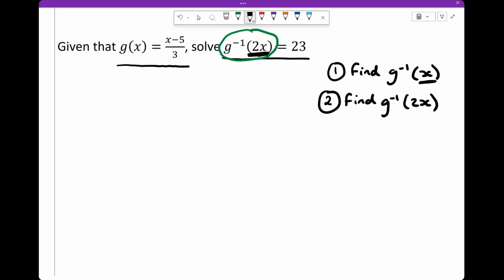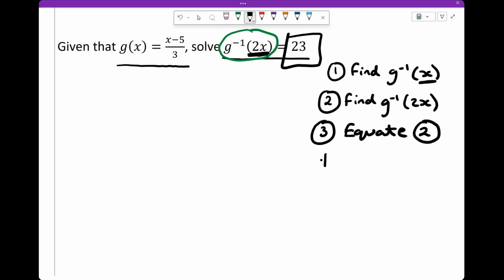And then my final step is to equate that to the 23 and solve. So step 3 is equate step 2 to 23 and solve. And then I should get my solution for x. So let's get started with our step 1.